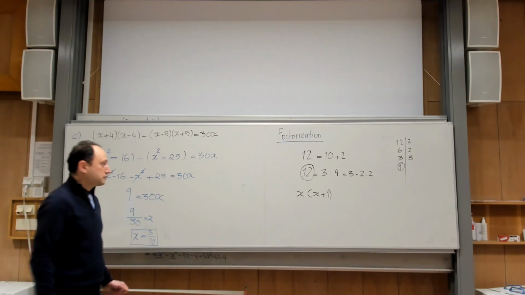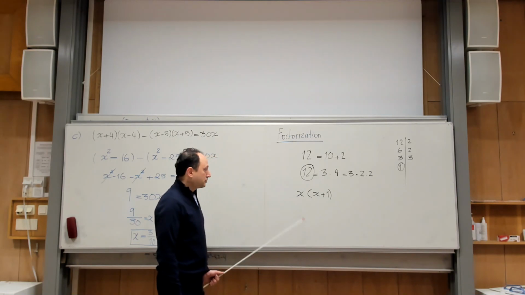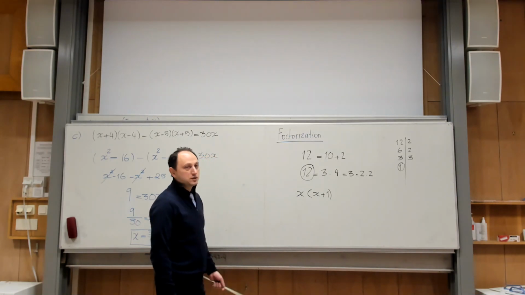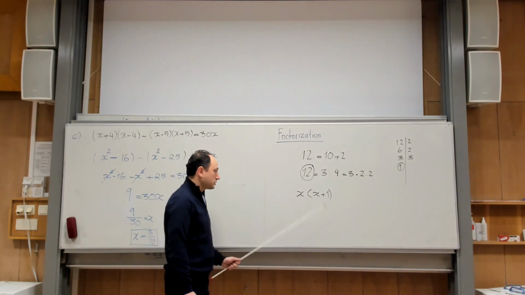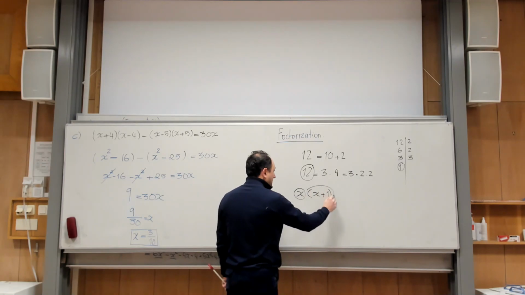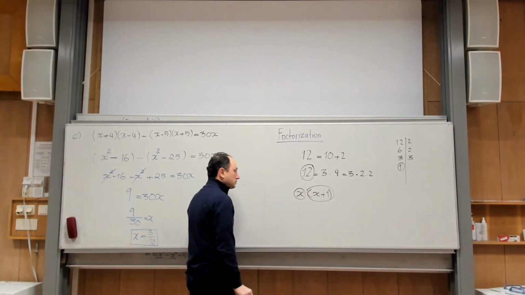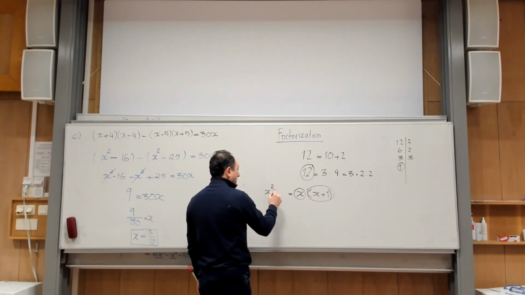That's a factorized form. If I ask you to read it in English, you say that's a product between x and x plus 1. So it is in factorized form, yes, because this expression and that expression are actually multiplied. So the answer, of course, is x squared plus x.